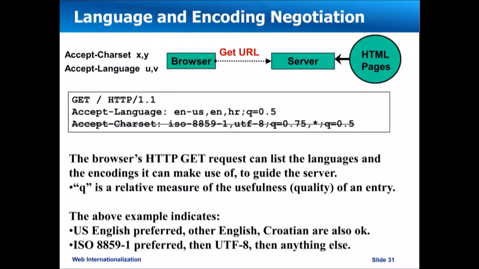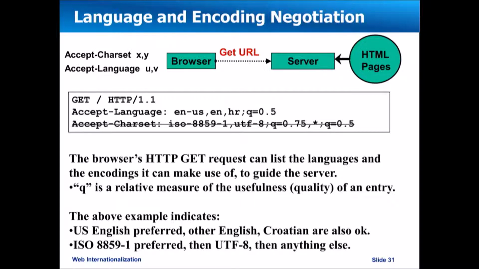Now let's take a look back. The browser or the user agent wants to tell the server a little bit about what information it can take, what languages the user speaks, and maybe also something about the encoding the browser supports, which is a little bit old school. There is a way to do that.